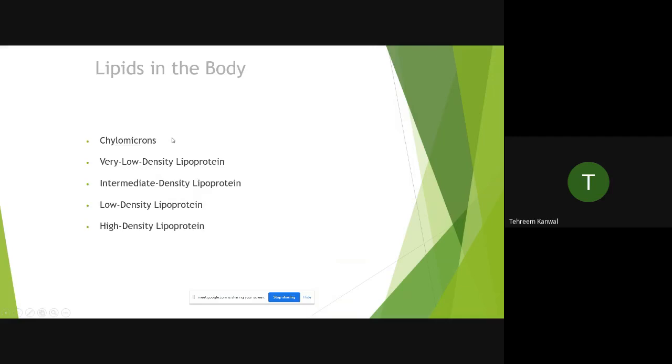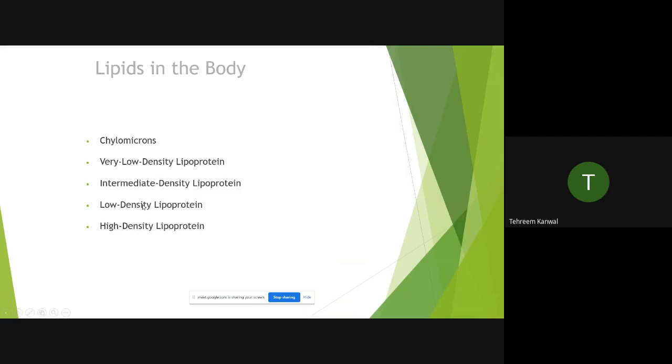These are just lipid packages, in a micelle, I will tell you what is a micelle, or in a vacuole form within the blood. So there are different types of these vacuoles. The first is the chylomicron, then very low density lipoprotein, intermediate density lipoprotein, low density lipoprotein, and high density lipoprotein.